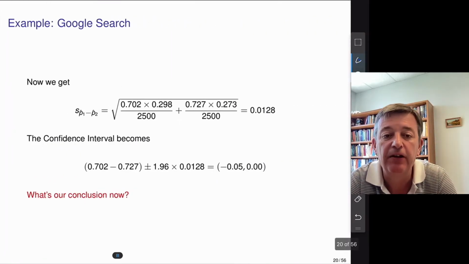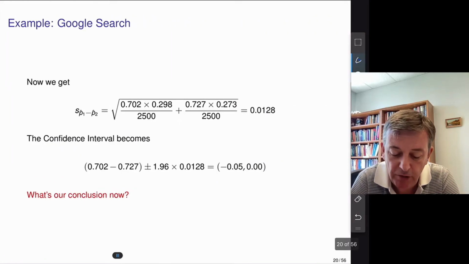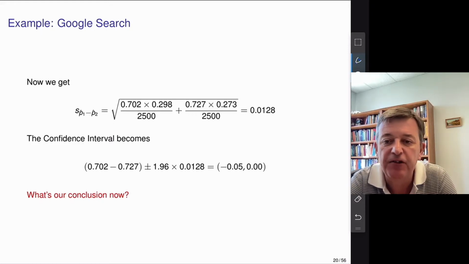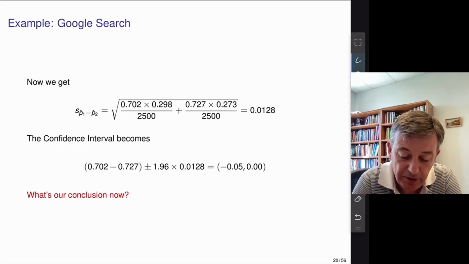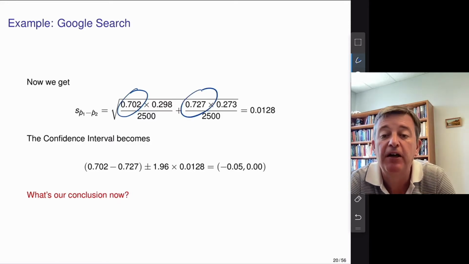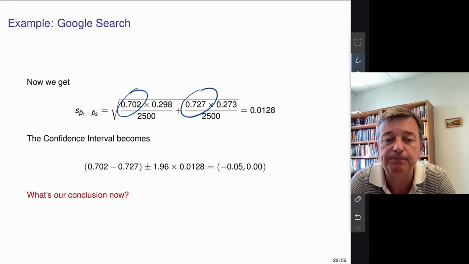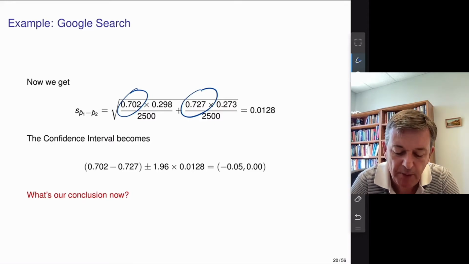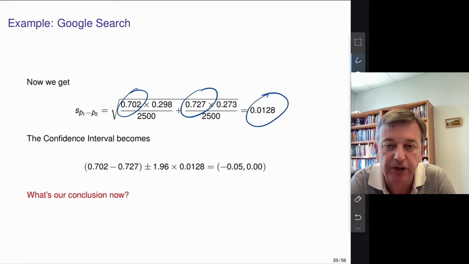And let's just plug in the numbers. So looking at the difference, I get a slightly better estimate of the standard deviation. Remember that algorithm 1 had a p-hat of 0.702. Algorithm 2 had a p-hat of 0.727. Using p-hat times 1 minus p-hat over n, I get an overall standard deviation of 0.012.